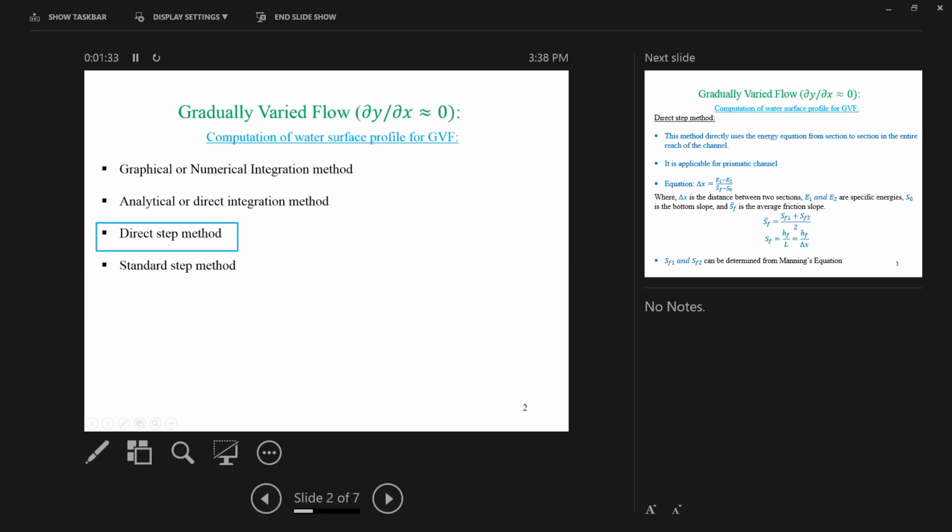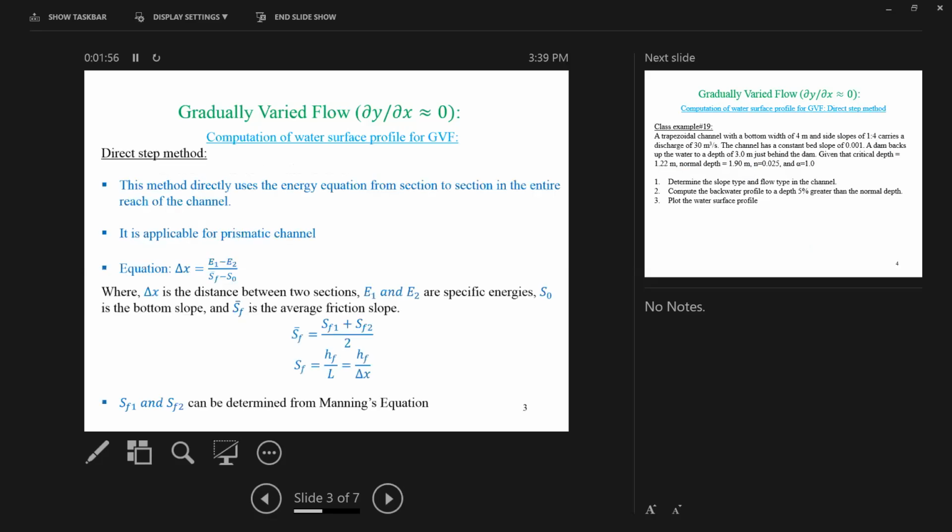We know there were four available methods for computation of water surface profile, and we decided that we only use the direct step method. So in this part, I will try to explain how we can actually use this method to calculate the water surface profile. You have the slides with you with all the equations.